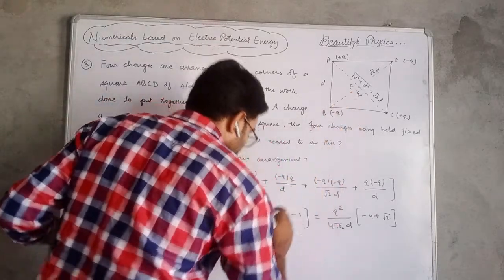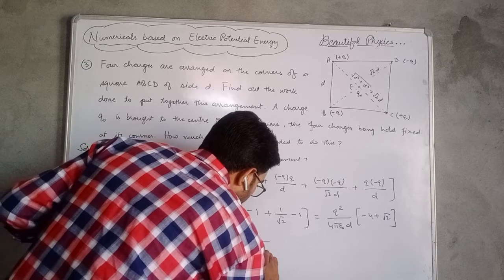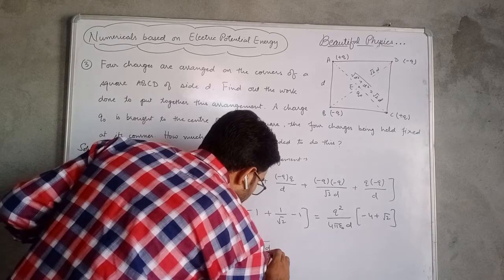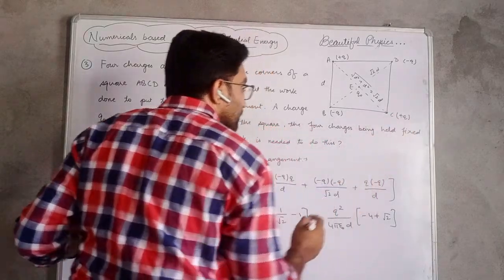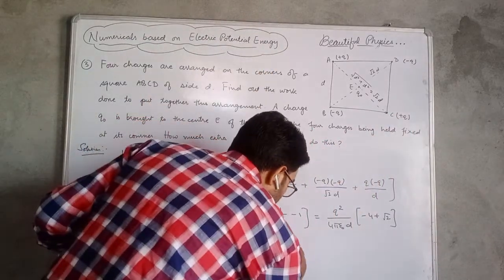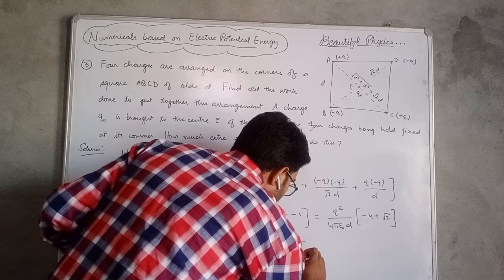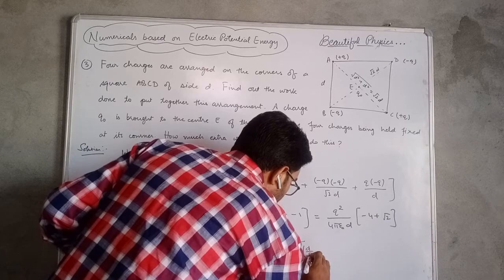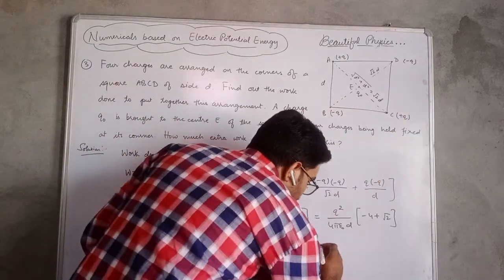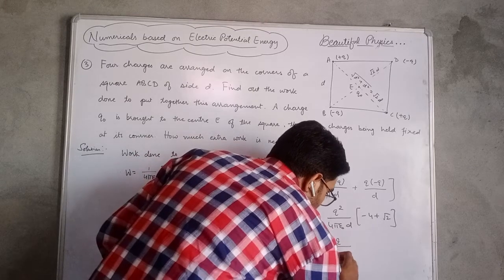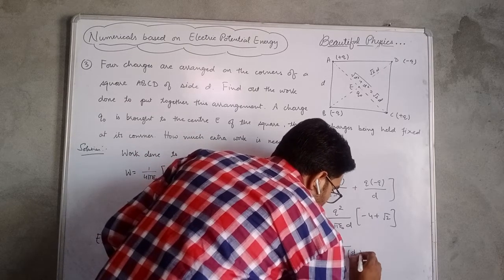For minus Q charge, it is minus Q upon 4 pi epsilon naught, again the distance is D by root 2, and for plus Q from point C, it is again plus Q upon 4 pi epsilon naught D by root 2, and for D it is again minus Q upon 4 pi epsilon naught D by root 2.